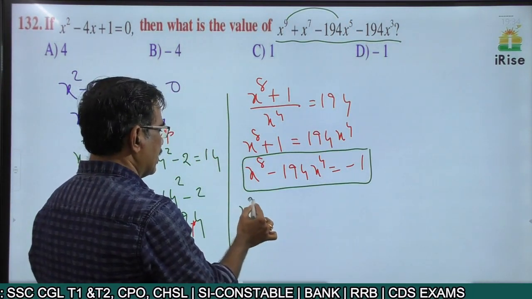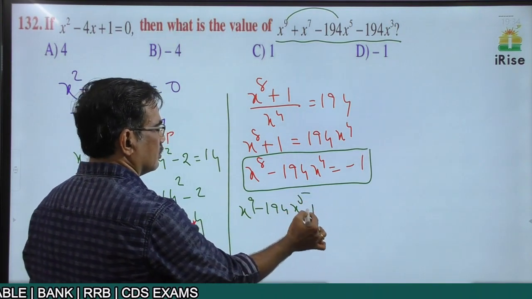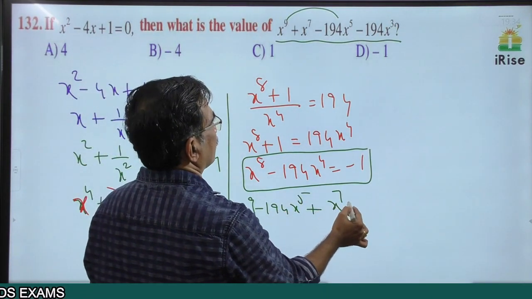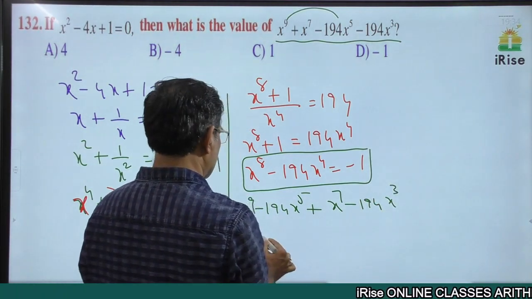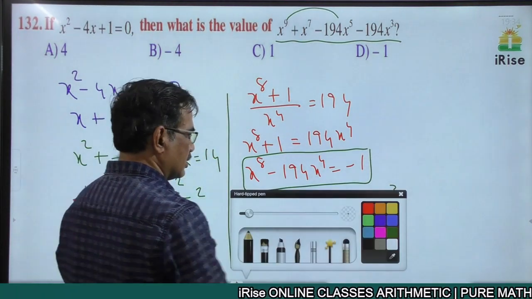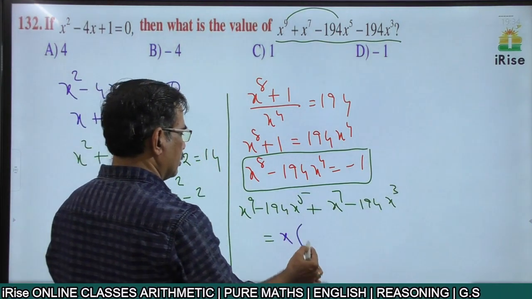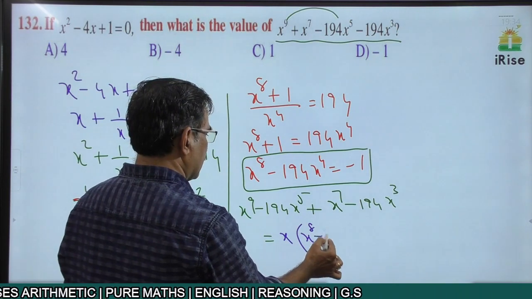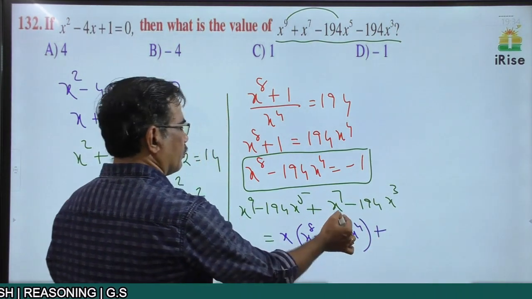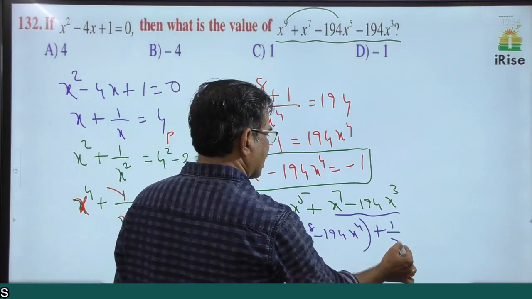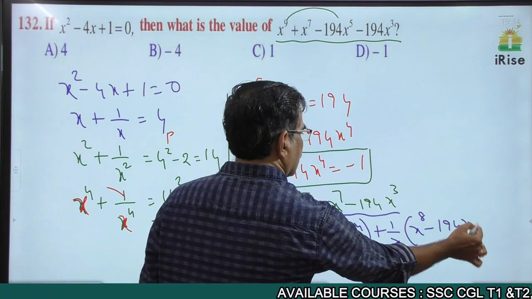So x power 9 minus 194 x power 5 plus x power 7 minus 194 x cube. This is the question. By taking x common, x power 8 minus 194 x power 4. From these two, take 1 by x common, we get x power 8 minus 194 x power 4.